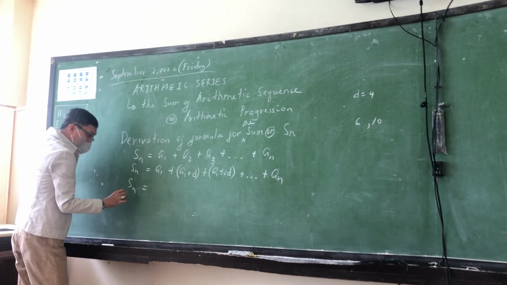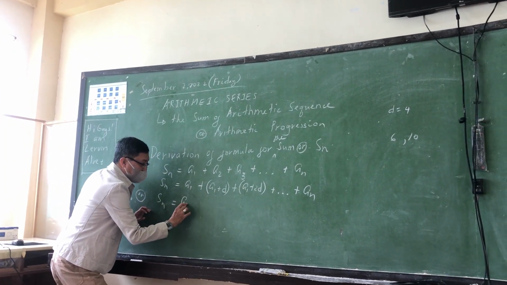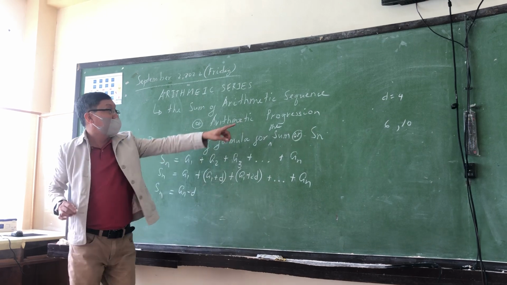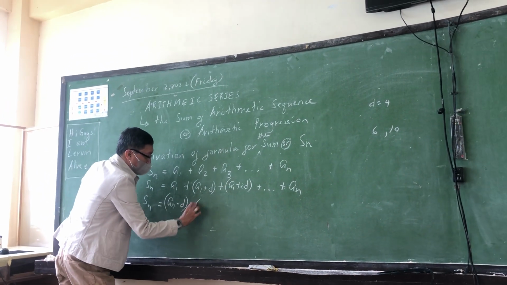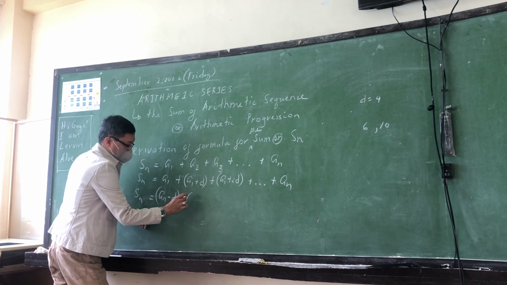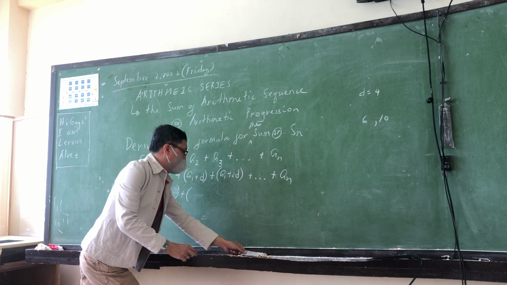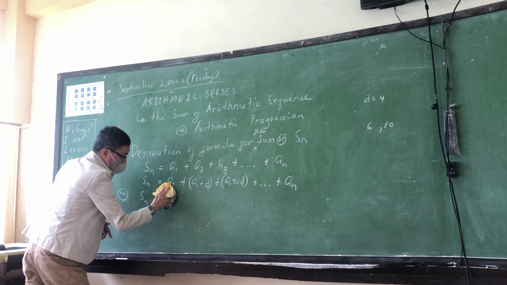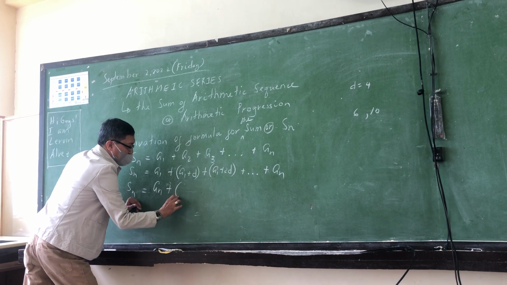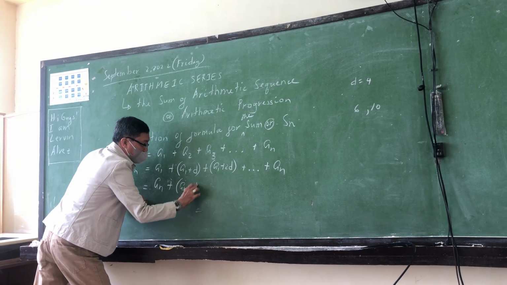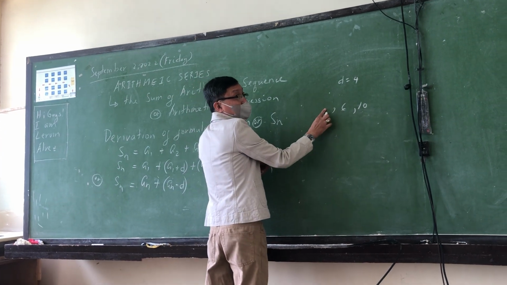So you may say S sub n is equal to A sub n minus D, like what we are doing there, plus A sub n. Sorry, this must be A sub n, the last term. So we will have A sub n plus A sub n minus D. And then, if you will notice, what is the next one?